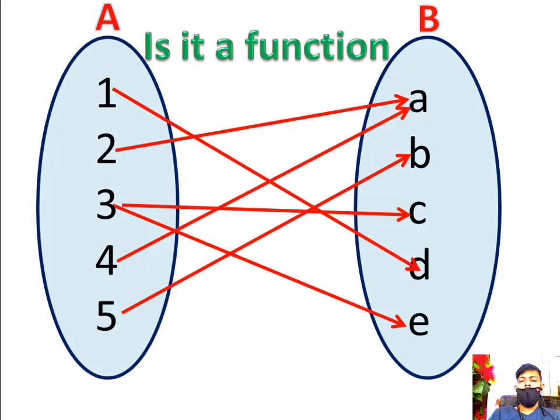Again, by definition of function, every element of A has a unique image in B. But look at the element 3. 3 has 2 images, c and e. Therefore, it is not a function.